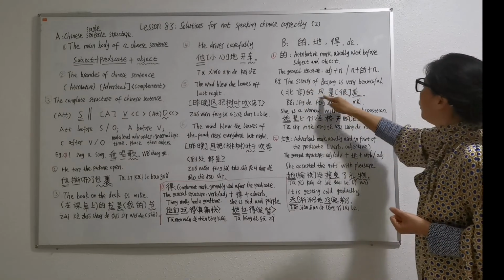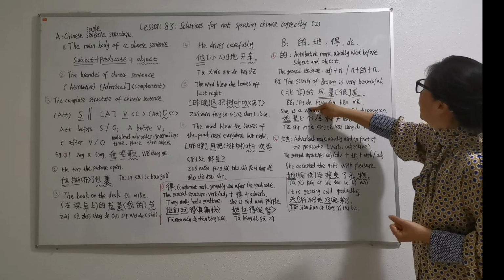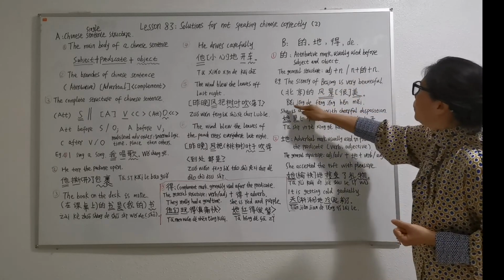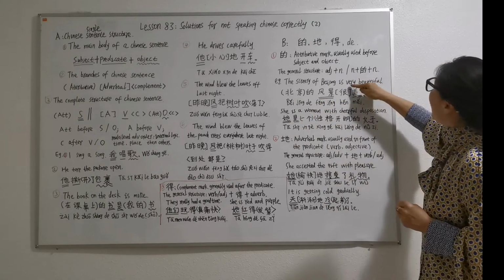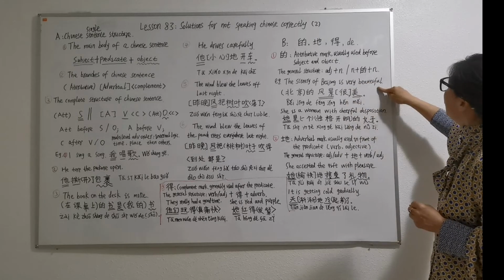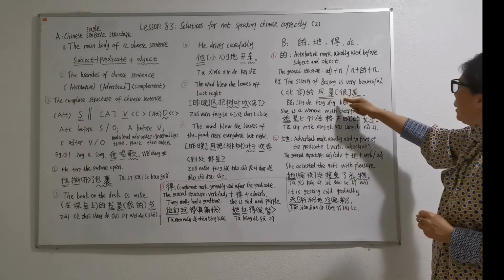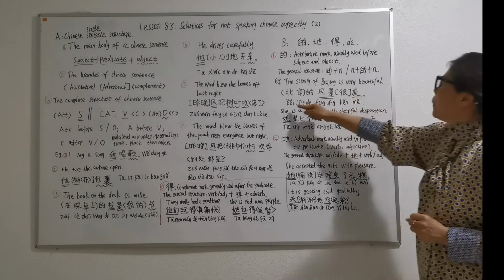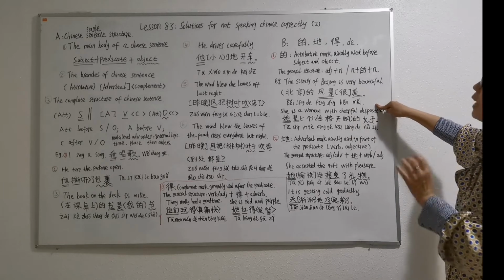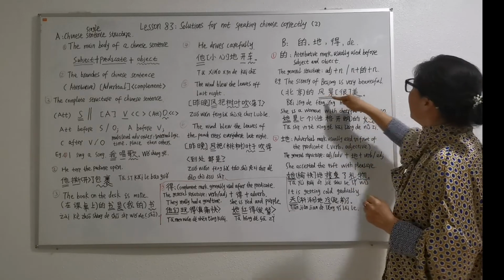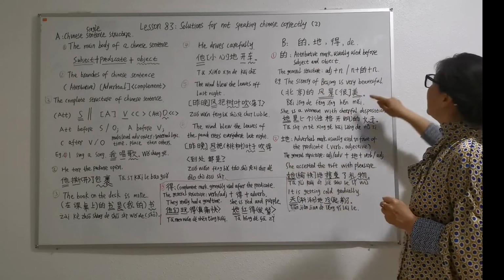The scenery 风景 of Beijing 北京 is 是, here we omit very 很, beautiful 美. So we say 北京的风景很美.